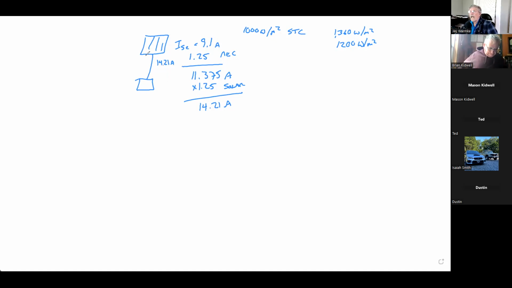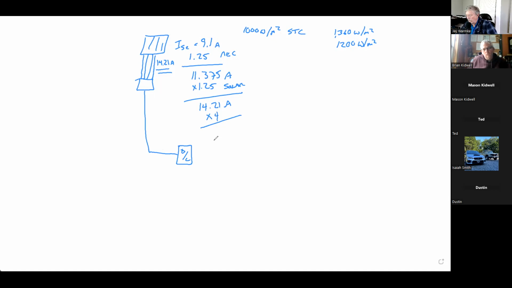Okay. So what would happen if I had like 4 strings coming in and being combined? Well, each of these strings would have an ampacity rating of 14.21 amps. But in the combiner box, they're being combined into just one pair of wires. Well, I've already derated them up here. So now I just simply multiply that times 4.